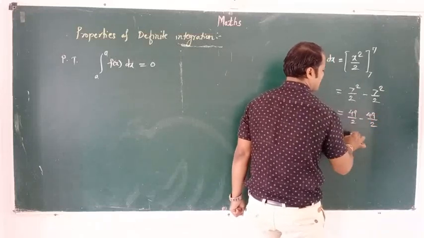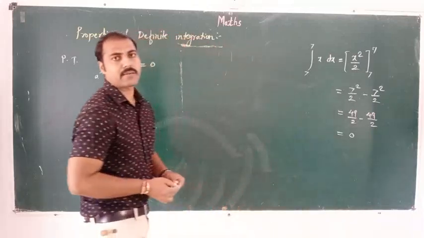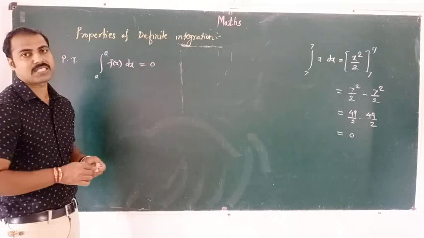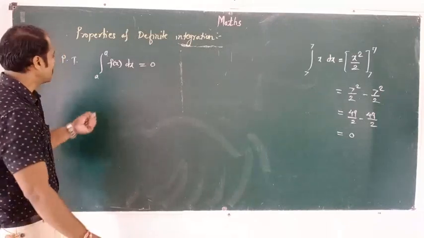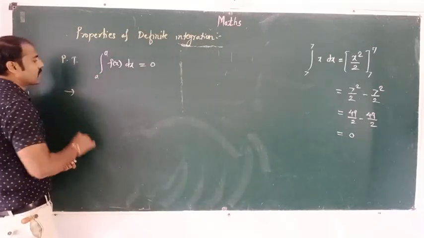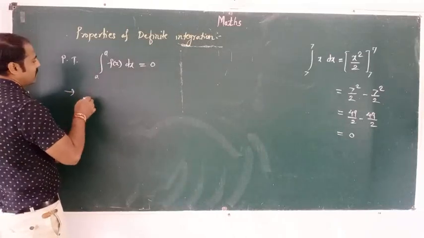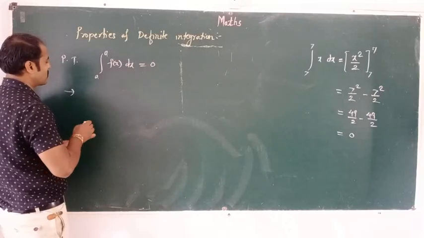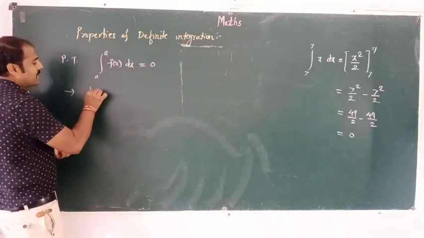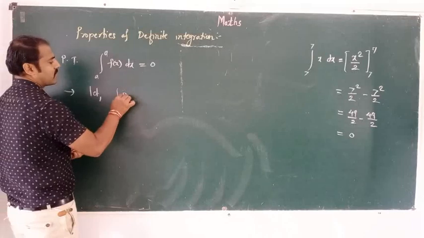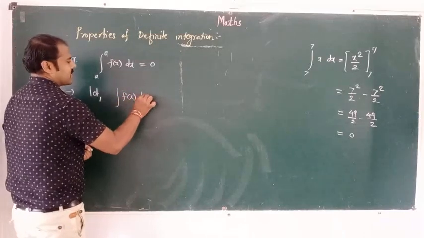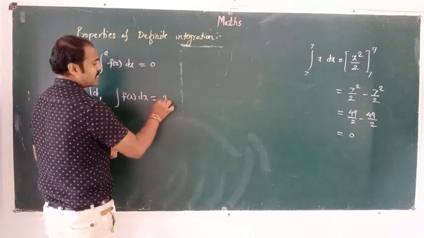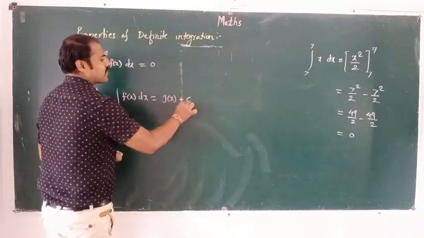it's 0. So when the upper limit and lower limit of the definite integral are same, then the value of such integrations is always 0. Look at here. The proof of the property integral a to a f of x dx is equal to 0 is, first let the integration of f of x dx be, I say here, g of x plus c.